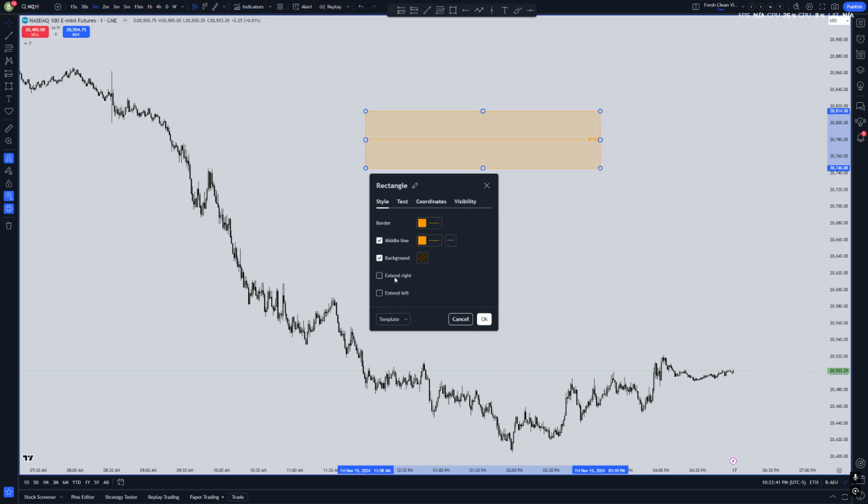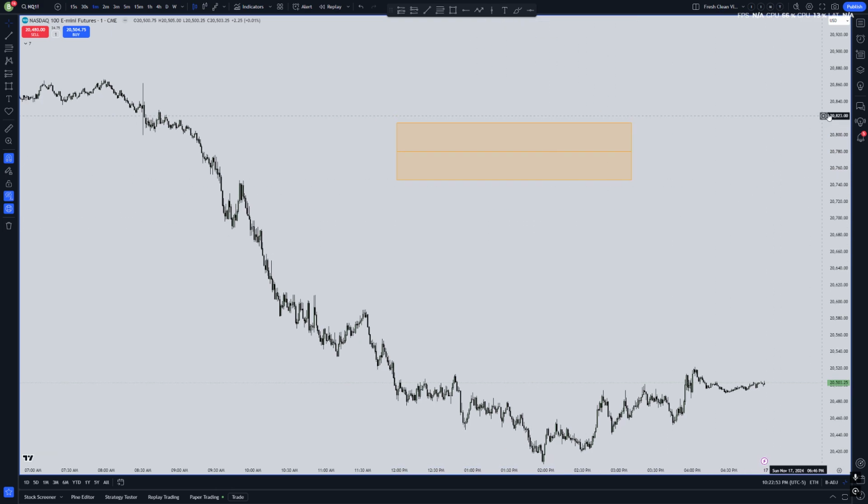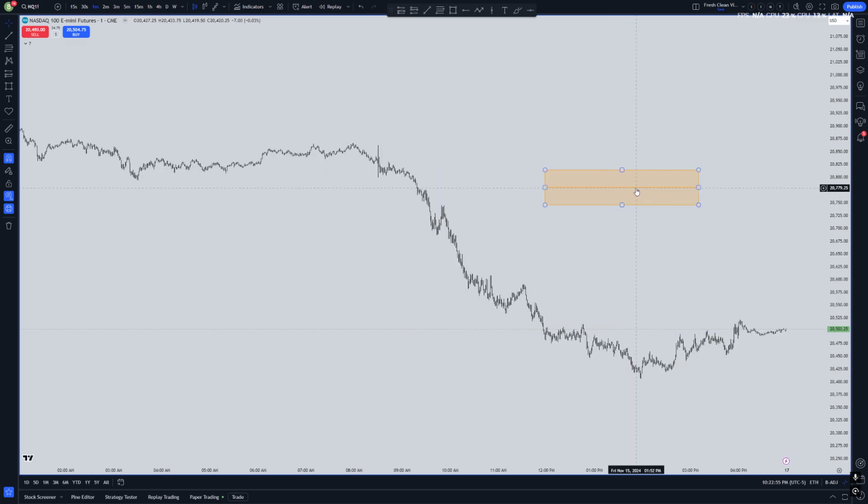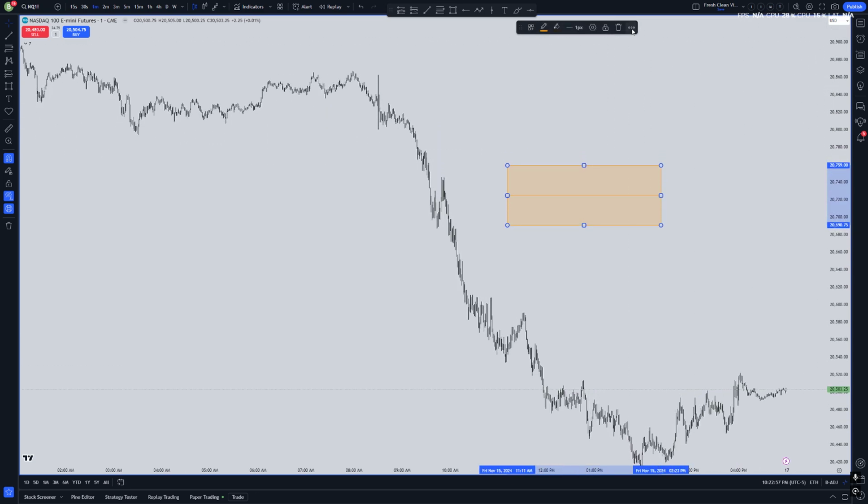This is the correct IFVG template. And honestly, I don't like having text on my things. I'd rather just have the color. The text gets a little bit too distracting for me.